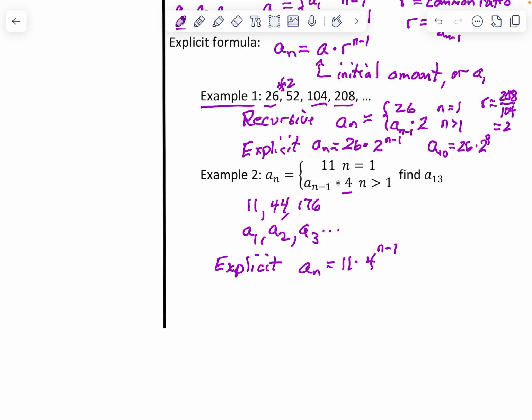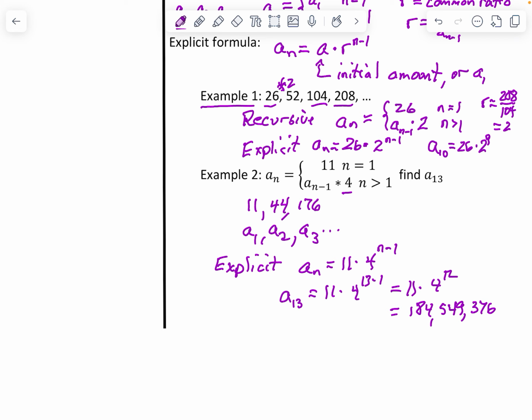So if we want to find a sub 13, that's going to be equal to 11 times 4 to the 13 minus 1 power, which is 11 times 4 to the 12th power, which if we multiply that out, we'll get 184,549,376. Very large number because these go up so fast because they're exponential.